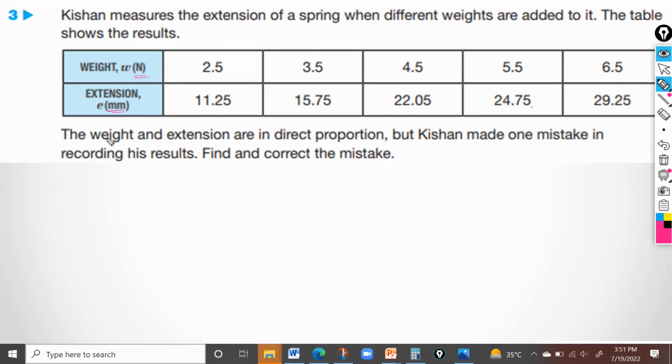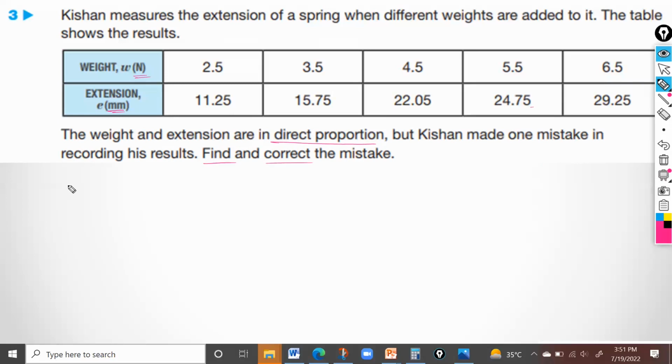They are telling us that the weight and extensions are in direct proportion, meaning when we take their ratios, we get the same constant with each pair. But Kishan made one mistake in recording his results. Find and correct the mistake.